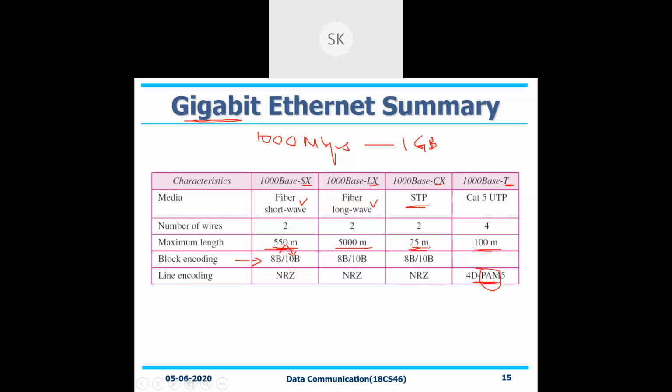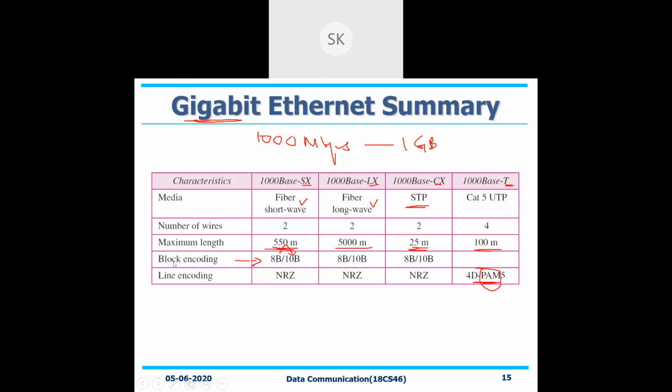The reason is the copper coating is a good conductor of electricity, and it is also shielded, so the shielding protects it. So a larger distance it cannot travel. Because of it, 25 meters is the maximum. But with respect to your Cat5, it is 100 meters, similar to your 100 base T, whatever scenario we have just seen.